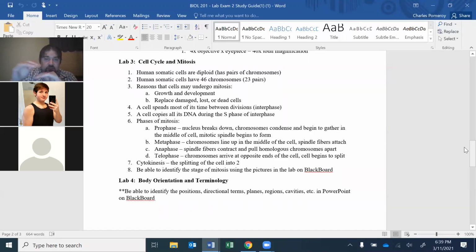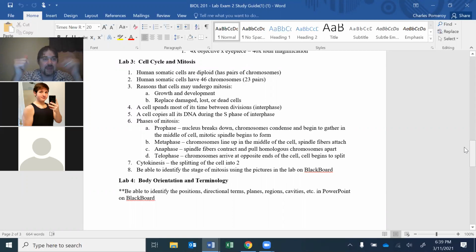Then here's what you might do with number 6 on the study guide: you may match the stage of mitosis with the description of what's happening. It'd be kind of like a little matching deal. Somewhere on one side it will say prophase, and somewhere on the other side it will say nucleus breaks down, chromosomes condense, and stuff like that.